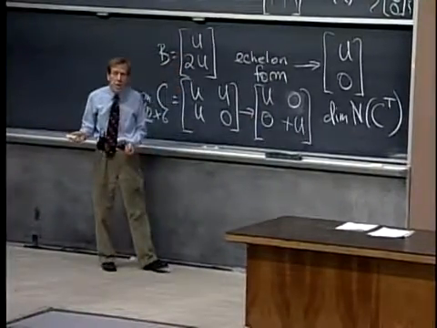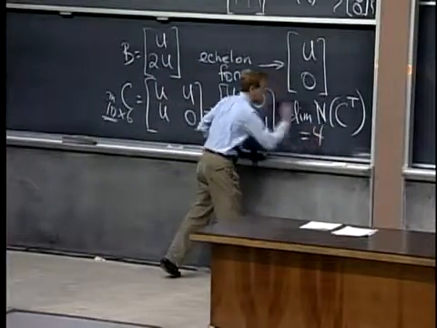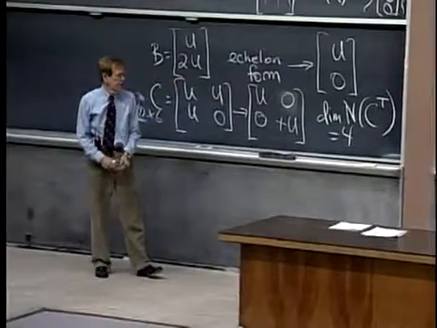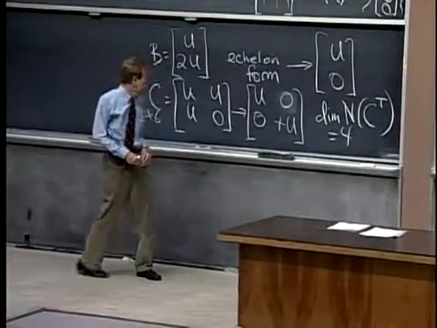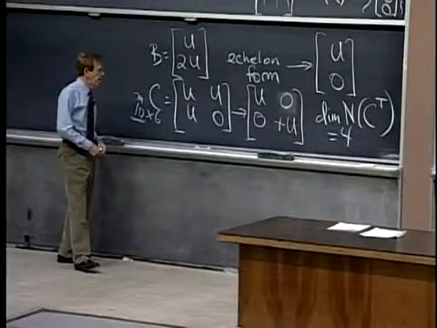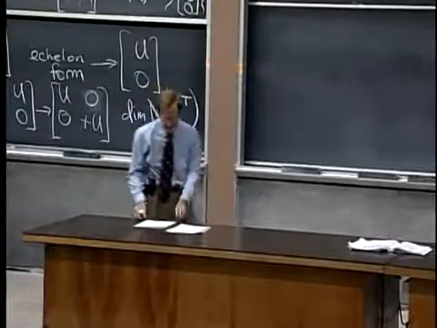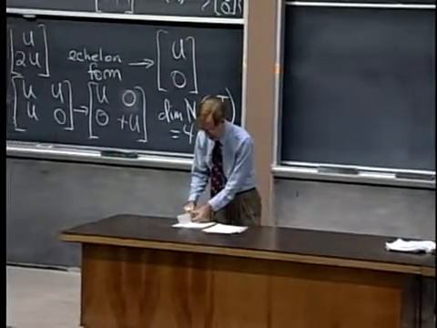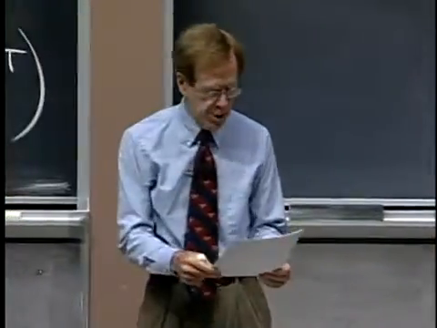So I'm left with 4. Okay, so I think that's the right answer. The dimension of the null space of C transpose would be 4. Right. So that's one question. At least it brought in some of the dimension counts.